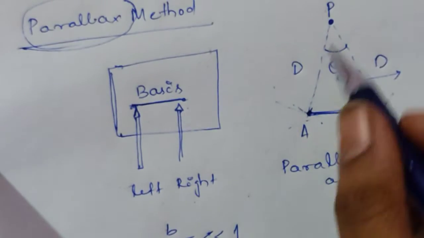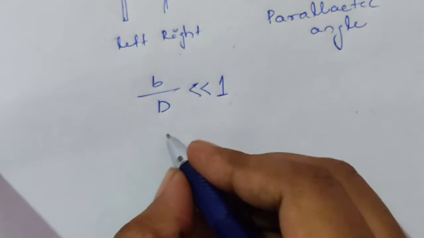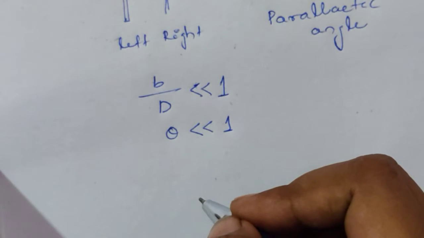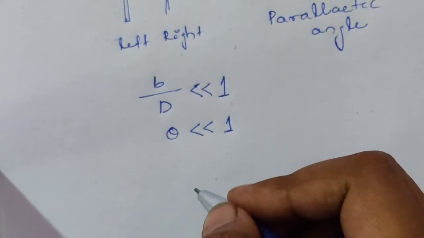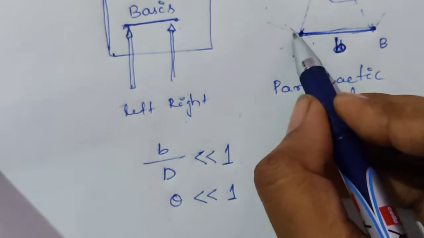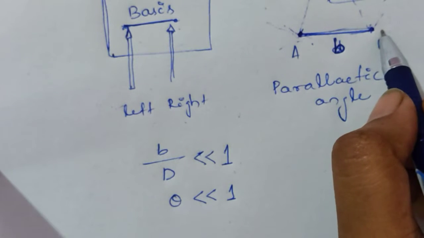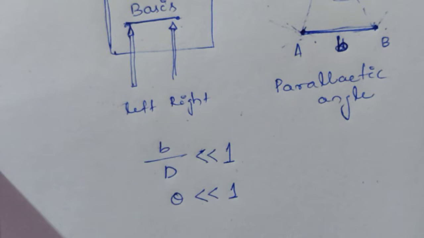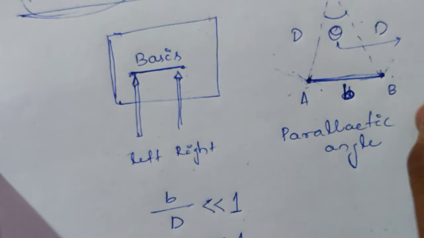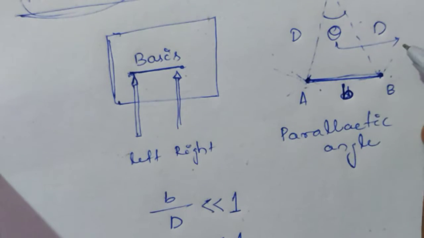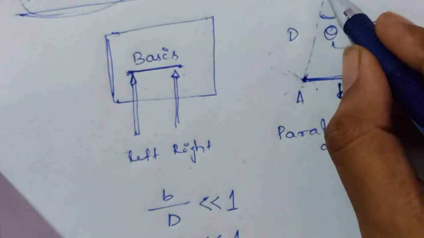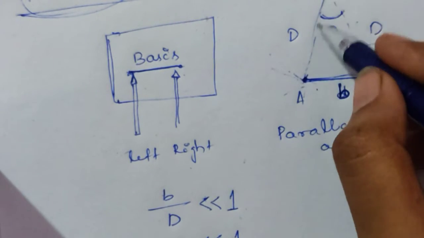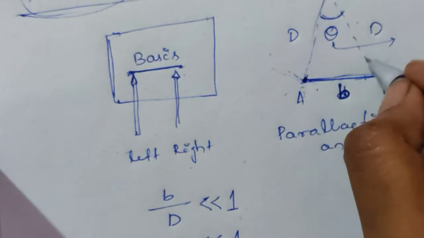And so this parallactic angle will also be very small, so we can also write theta will be very, very less than 1. Okay, so by considering this small shift, that is the basis AB, as an arc of length B, and the whole path as a circle, with theta as the angle of the circle at point P, and this distance D as the radius of the circle, that is AP will be equal to BP.